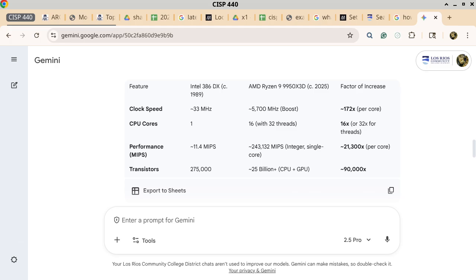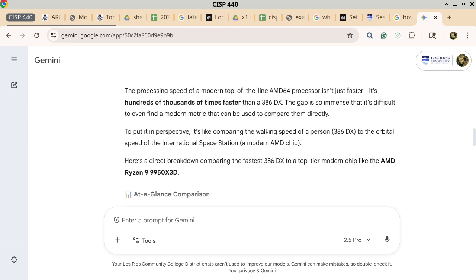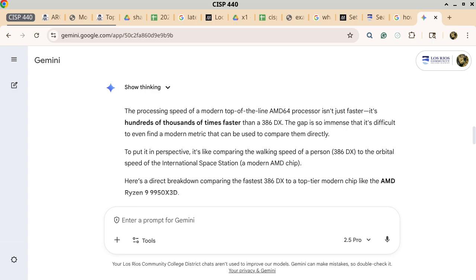If you just look at MIPS, or million instructions per second, per core it's 21,000. When you combine it with other factors, it just says hundreds of thousands of times. Let's call it a million times. For the sake of this argument, it's 1 million, so we'll plug that number into our spreadsheet.